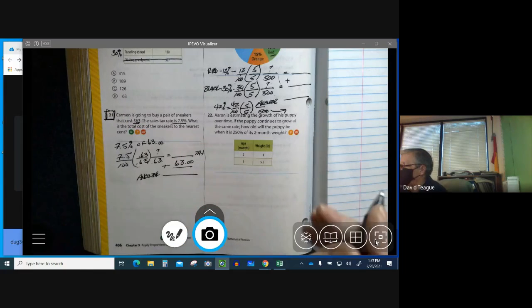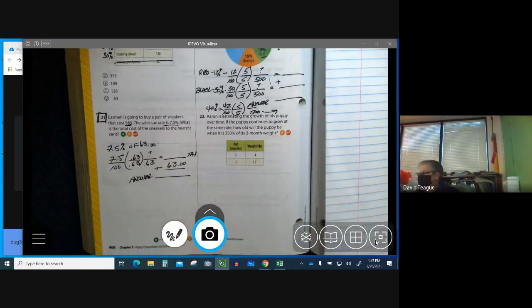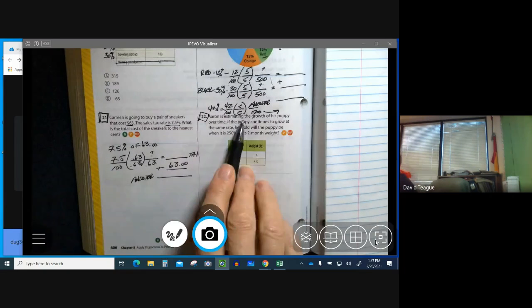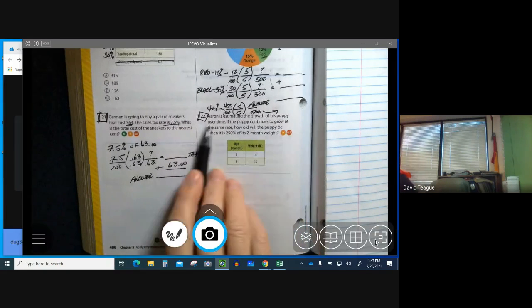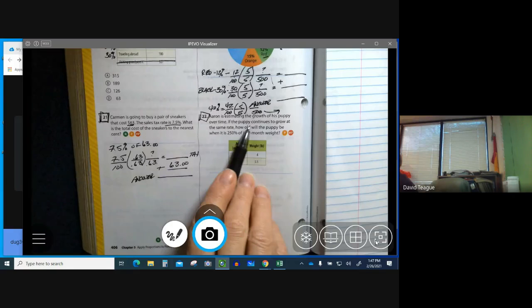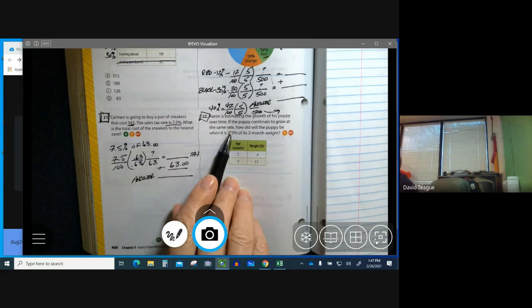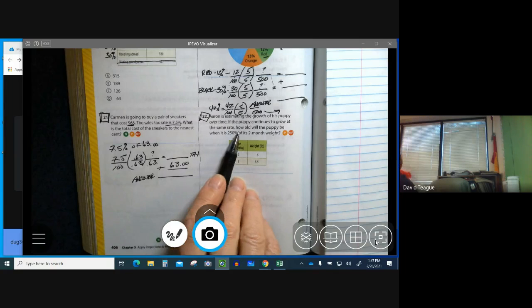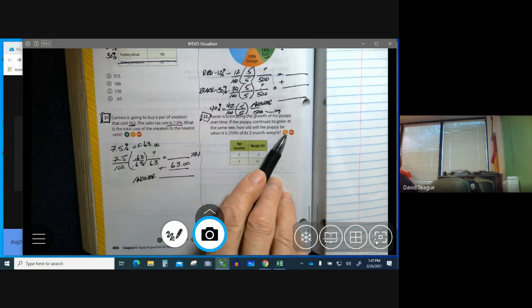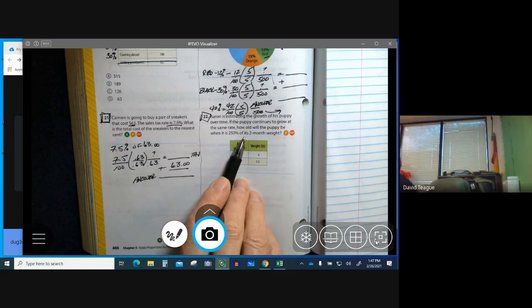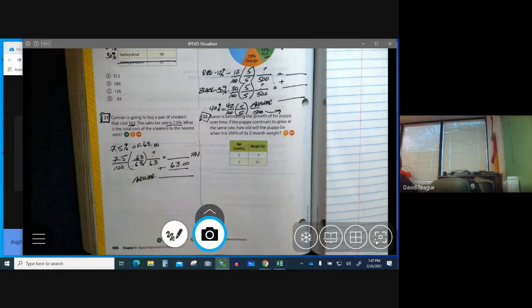That's 21. Now let's look at 22. It says Aaron is estimating the growth of his puppy over time. If the puppy continues to grow at the same rate, so we're talking about a unit rate, how old will the puppy be when it is 250% of its 2-month weight?